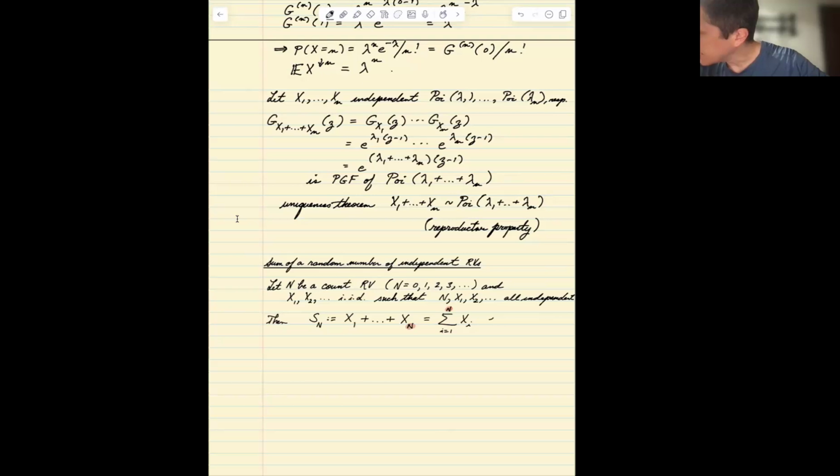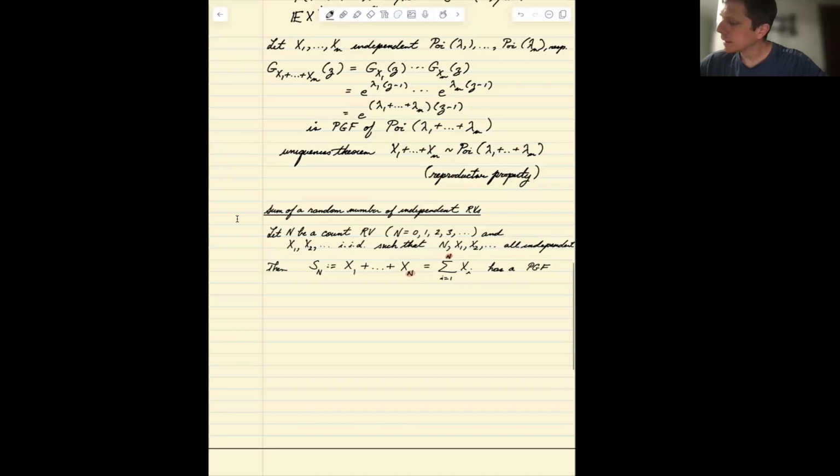Okay, and this has a probability generating function. Let's say the X's are IID with PGF G sub X, such that all the random variables are independent.